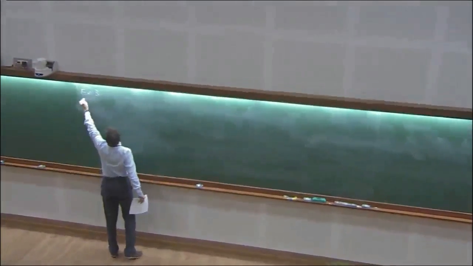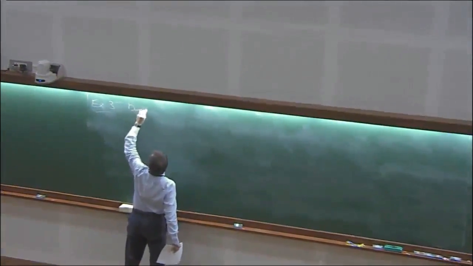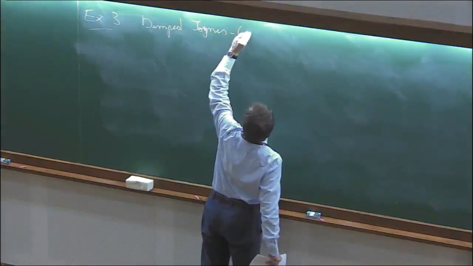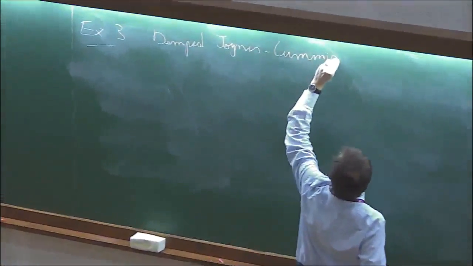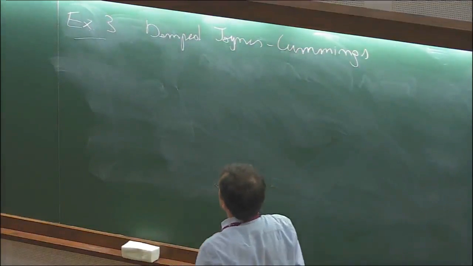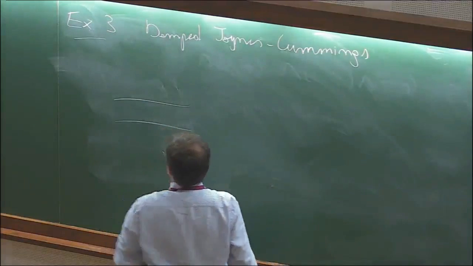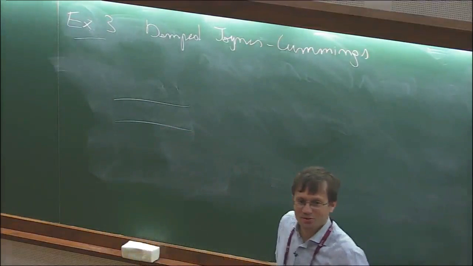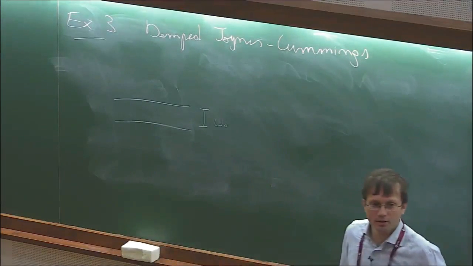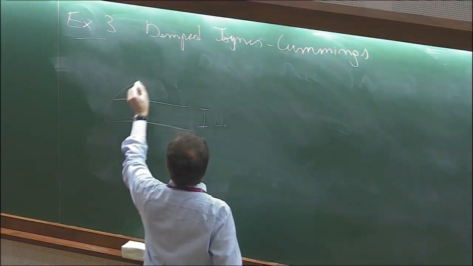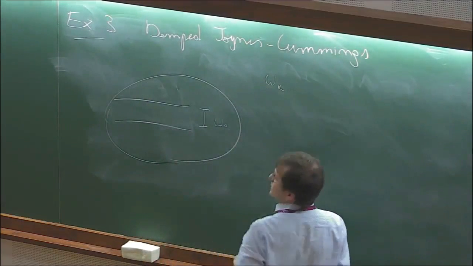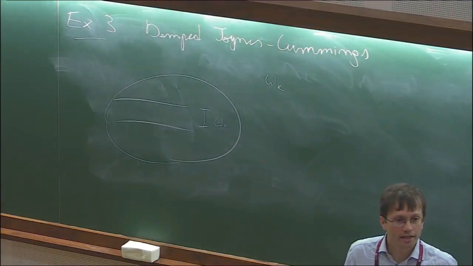Example number 3 is the Jaynes-Cummings model. Only a sketchy description as usual, but I hope this might allow. We have our usual two-level system, with its own frequency, omega 0, and it is coupled once again to a bosonic environment characterized by a certain set of frequencies, but now we change the coupling.